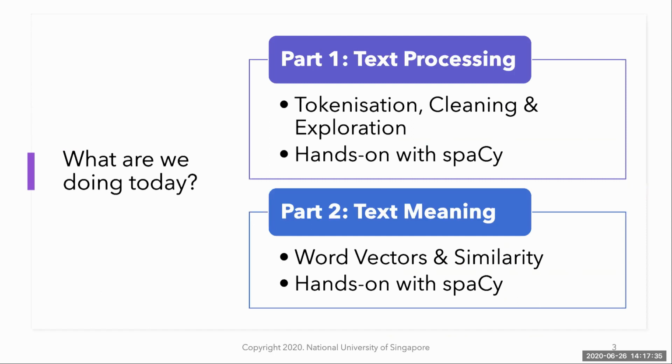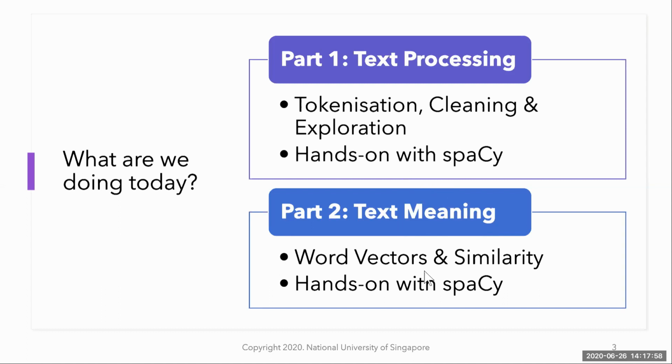So what are we doing today? We are going to do 2 parts. We're going to do text processing. It sounds a little bit boring, but spaCy actually makes it look quite easy, so you can get quite entertained by it. Then we will do a little bit of hands-on. Then we'll take a break and we will do text meaning. After you've processed the text, you want to know what this text is supposed to mean.